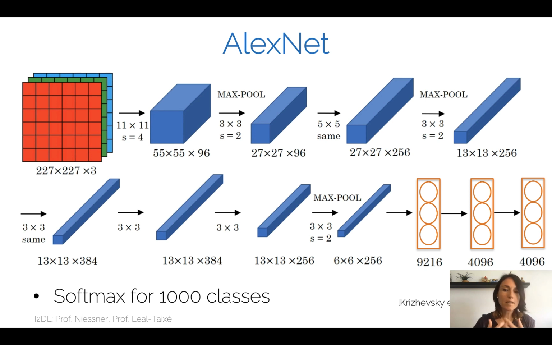And this architecture follows the same paradigm, the paradigm of convolution pooling. But of course, it has an output which is now of 1,000 classes, so a much more complex task. And therefore, it needs to have a much larger set of parameters. So many more weights are going to be learned inside this neural network with backpropagation.